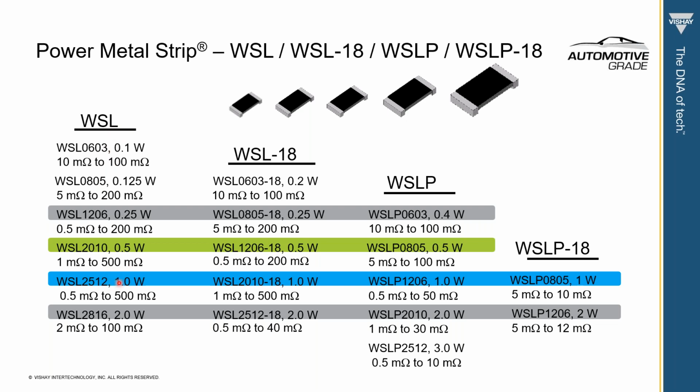But if the customer wants to reduce their PCBA, they may consider using the WSL2010-1X series, which is also 1 watt but smaller size. Or if they want even smaller, we have the WSLP-1X, which is offered in 0805. It's also 1 watt.